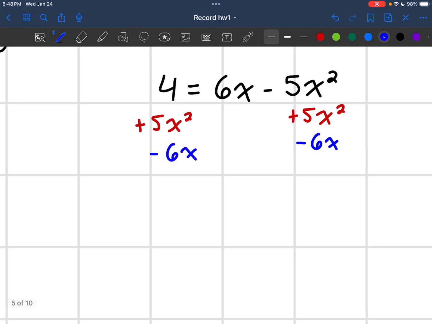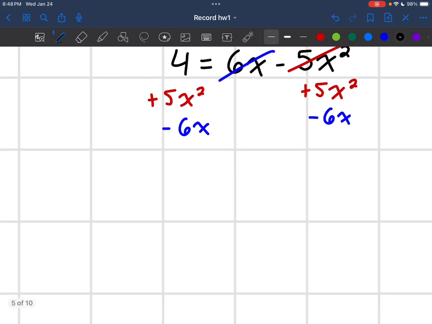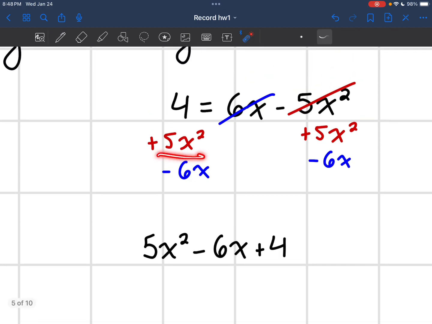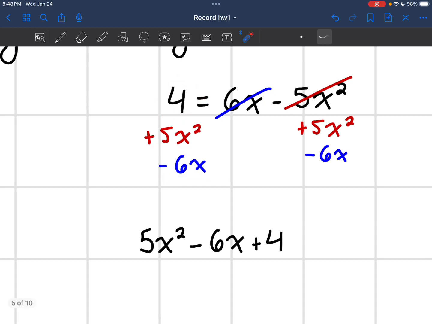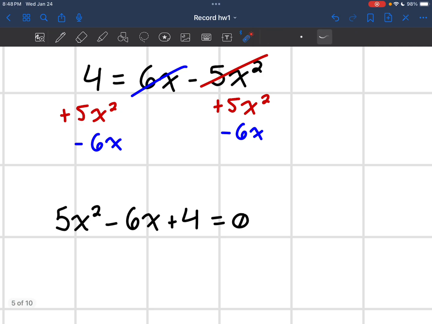What that's going to do is cancel out my 5x squared on this side and my 6x. So I'll be left with 5x squared minus 6x plus 4 on my left side equals 0, because I cancel out all that.